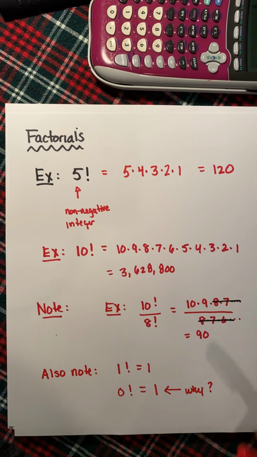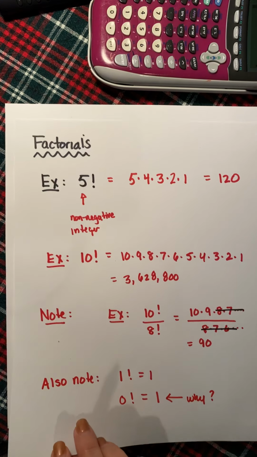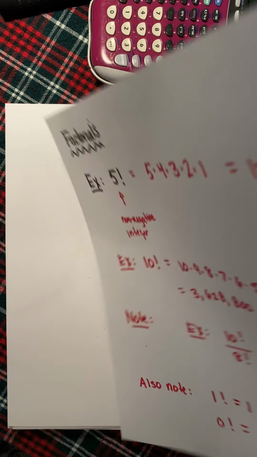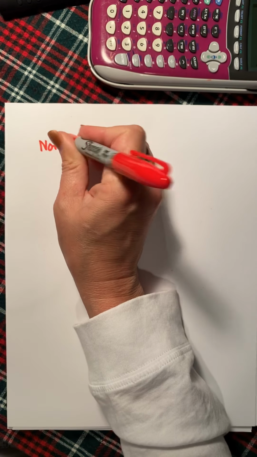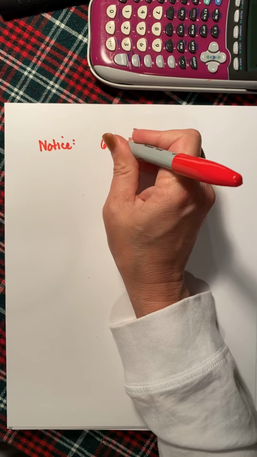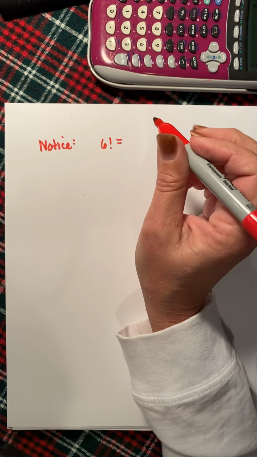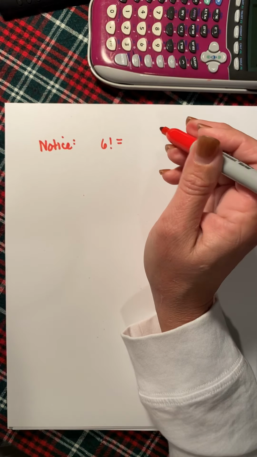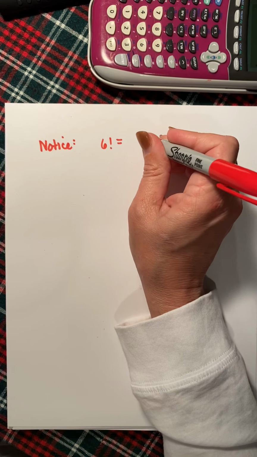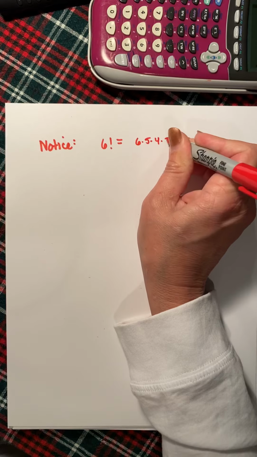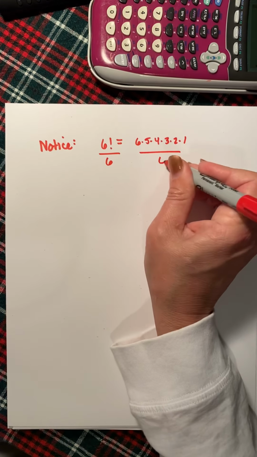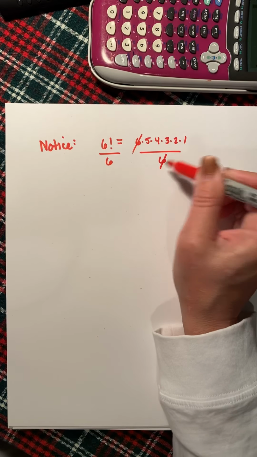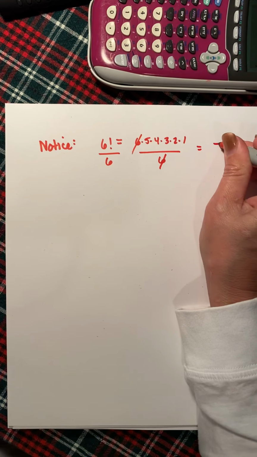Just a cool bit for those of you that might be interested in why 0 factorial is 1. Let me show you algebraically. Well, notice 6 factorial is 6 times 5 times 4 times 3 times 2 times 1, right? So 6 factorial divided by 6 would be this, and these would cancel out. So 6 factorial divided by 6 is just 5 factorial.